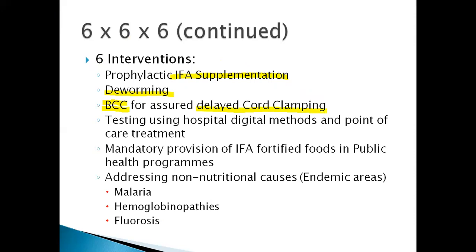So our program is not only trying to take care of pregnant and lactating women, adolescents, primary school children or Anganwadi-going children, but our strategies are trying to take care of iron deficiency and other related anemias as early as within the first few seconds or minutes of life. That is why one of the interventions is delayed cord clamping.